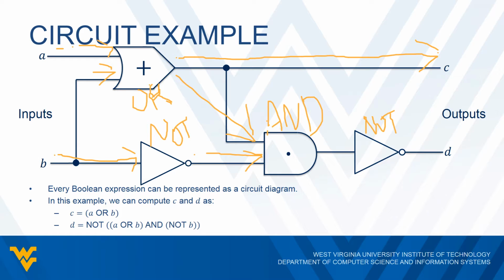This gives us A or B and not B, and then we put that into a NOT gate, so that output is going to be whatever D is. So that's how we get not of A or B and not B.